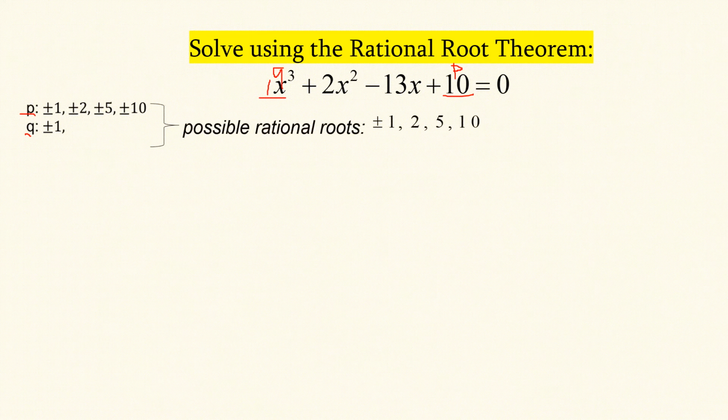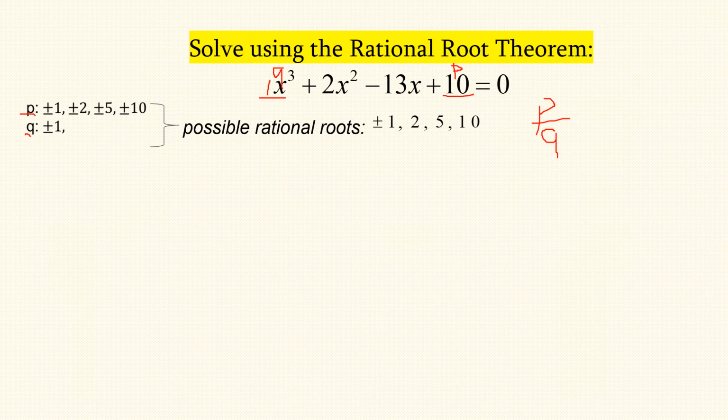Then, after that, ilalagay na natin siya in the form of P over Q. So, kapag nilagay natin siya in the form of P over Q, ibig sabihin, itong ating P, i-divide lang natin sa ating Q, which is positive and negative 1. So, kapag nagdi-divide lang tayo ng 1, same lang siya na number, hindi siya mababago.